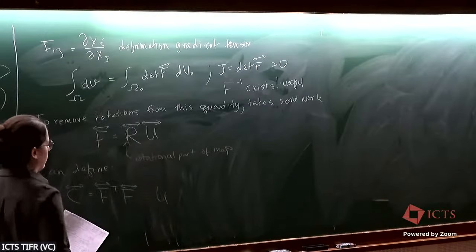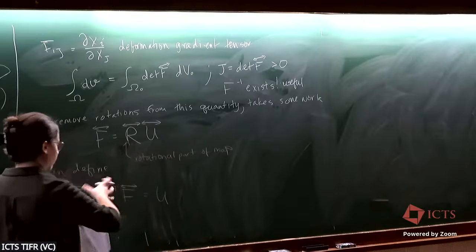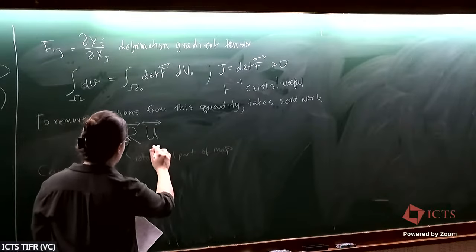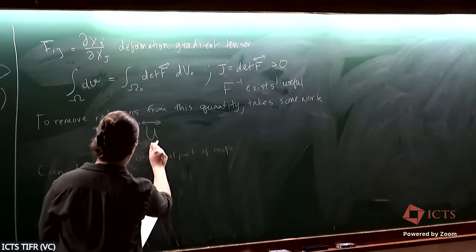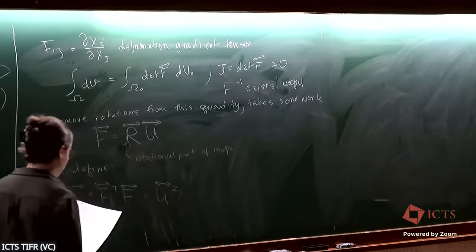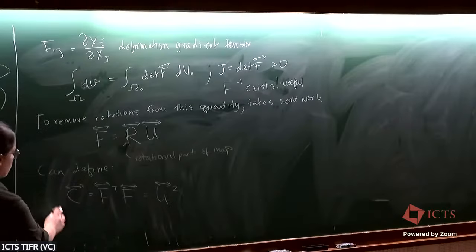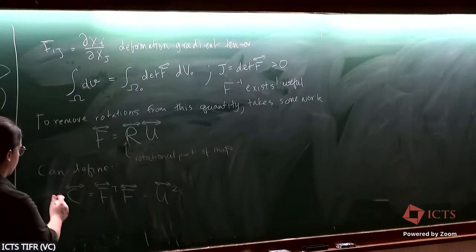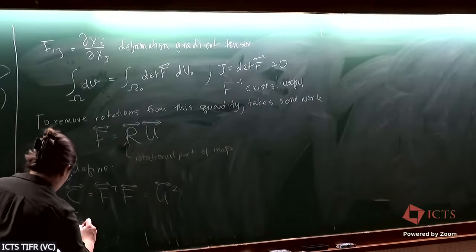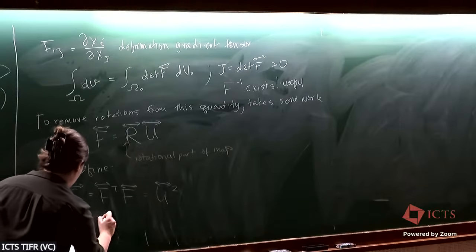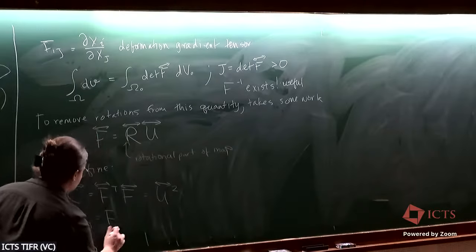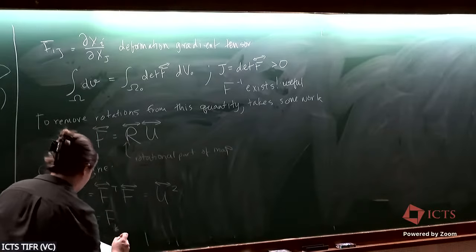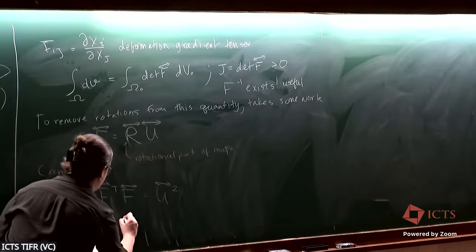The rotational part of the map will then give you unity, and you will get something that is the same as if you took this U and squared it. You can also see this in index notation, which shows again the usefulness of having capital and lowercase indices.